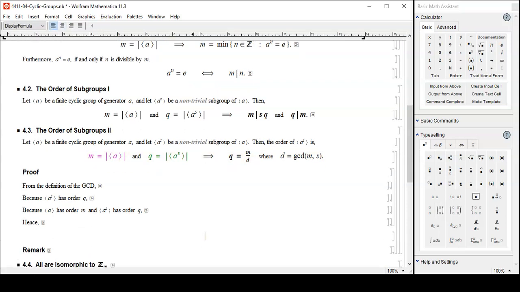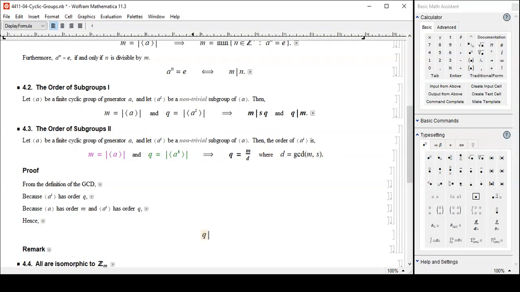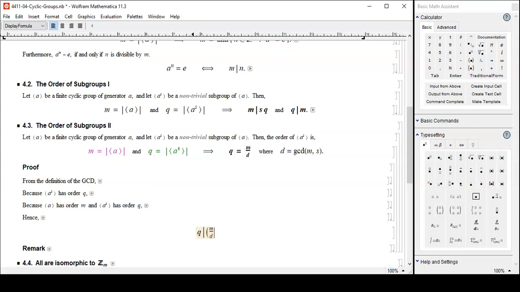Q divides M over D, and M over D divides Q. That's what you're going to prove. And therefore, they're equal. That's what you're going to do.